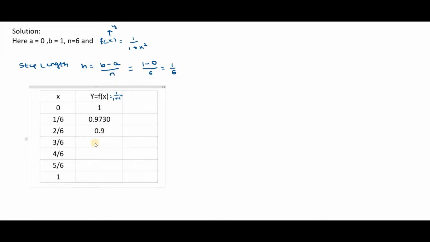Now put x is equal to 3 by 6. Then y is equal to 1 divided by 1 plus 3 by 6 whole square, or simply 1 divided by 1 plus 1 by 2 square, which is 1 by 4. So in total you will get 4 divided by 5, and 4 divided by 5 is equal to 0.8.